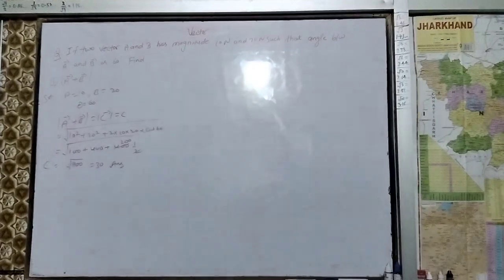So 500 plus 400 is equal to 900, which is a perfect square of 30. So finally, C came as 30. Magnitude of the C vector is 30. This first point is clear. Okay, now next.